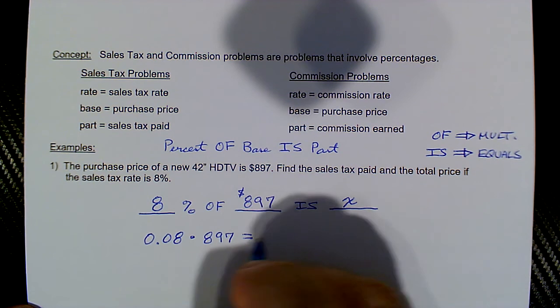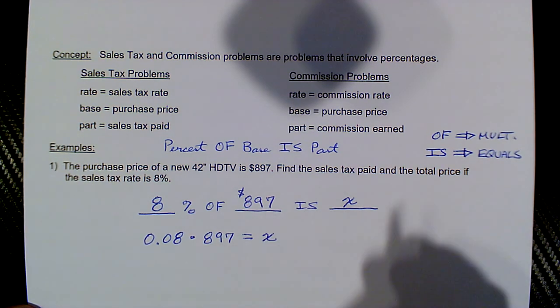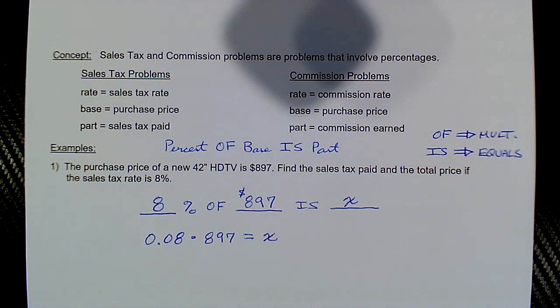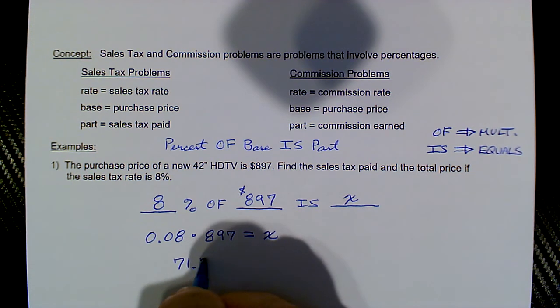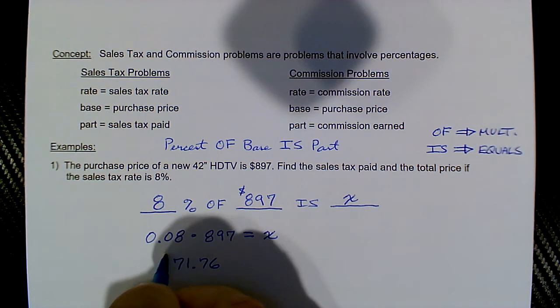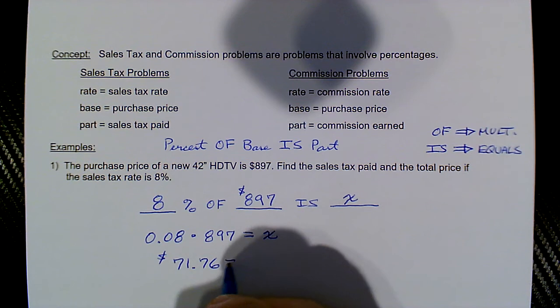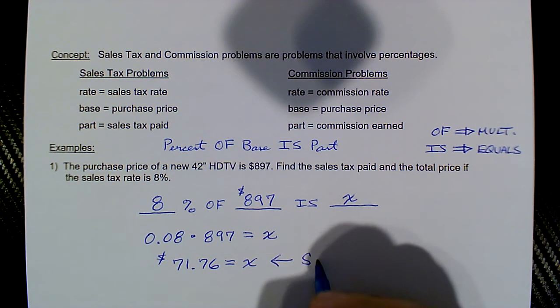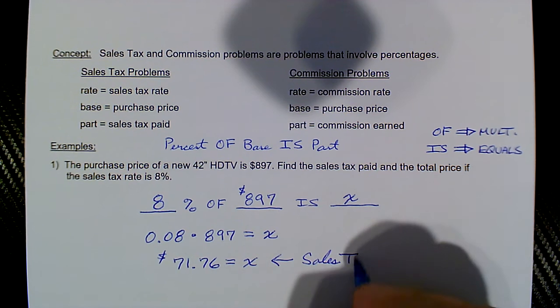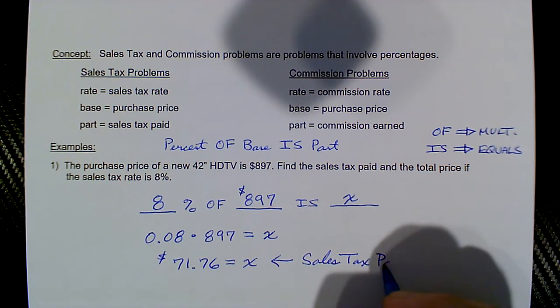Is means equals, and that's X. So then, just a quick multiplication, 0.08 times 897 is $71.76. So that's what X is, and that represents the sales tax that was paid.